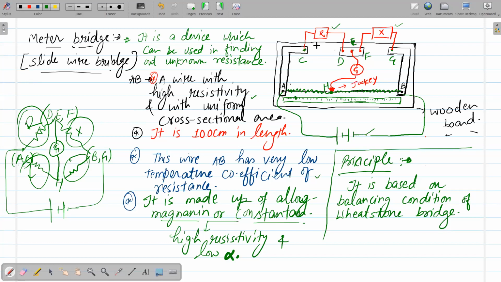Now let me tell you this thing. We will not always be drawing this circuit for any given meter bridge, right? I just told you this so that you may get the complete idea about how it is based on Wheatstone bridge.